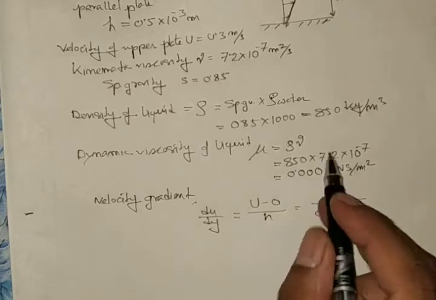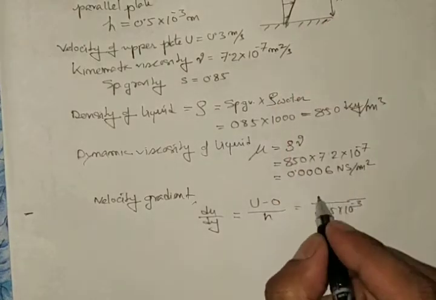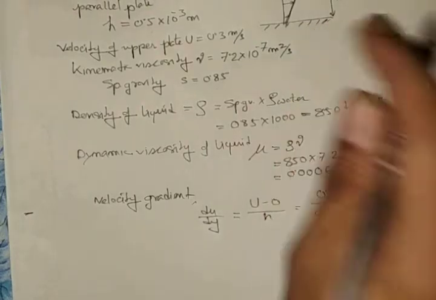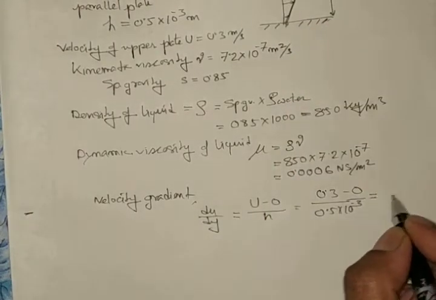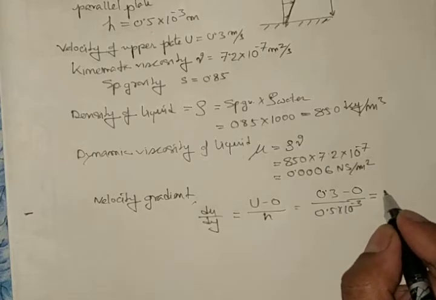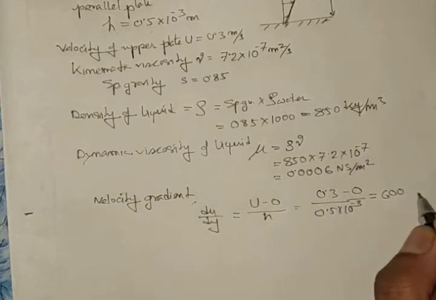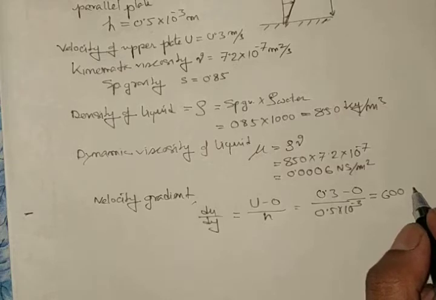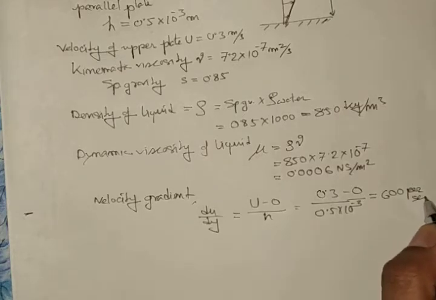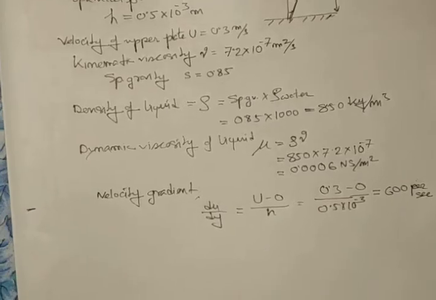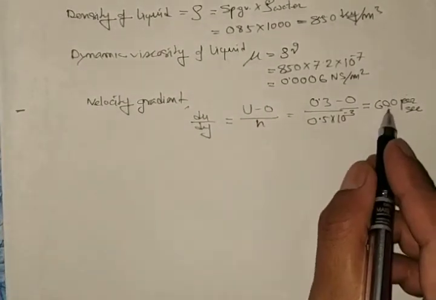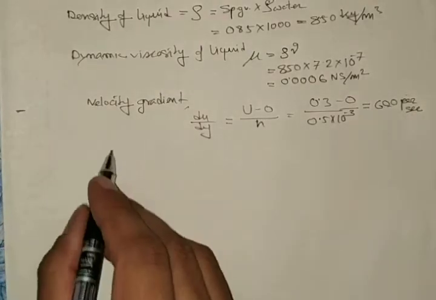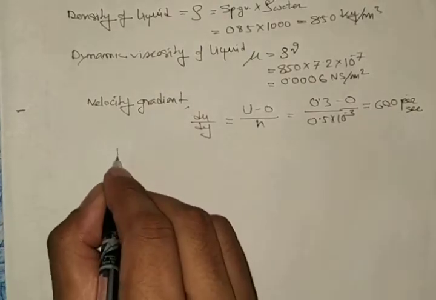The upper plate is moving with a velocity 0.3, and the lower one is stationary, so the final is 0. Ultimately this will be 600 per second.